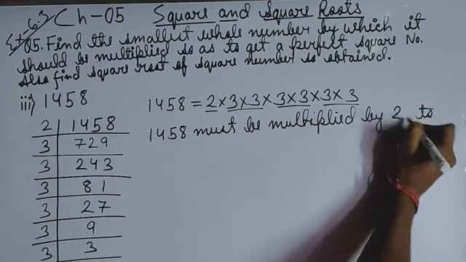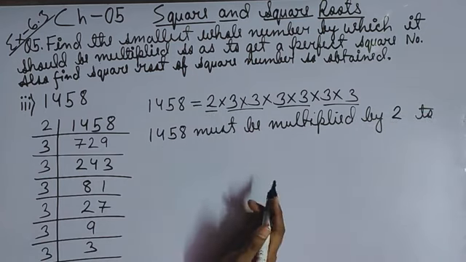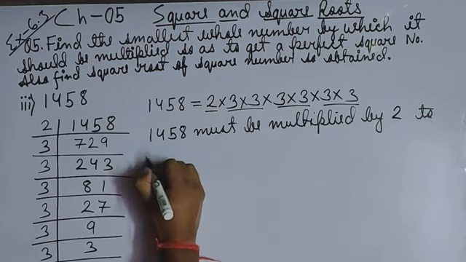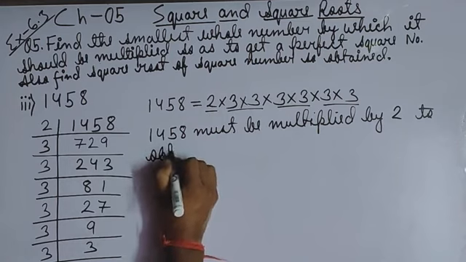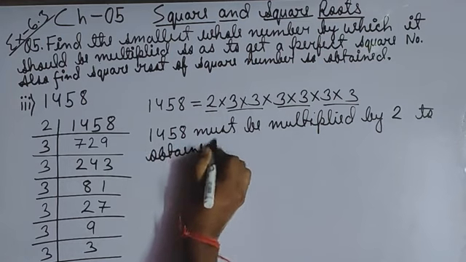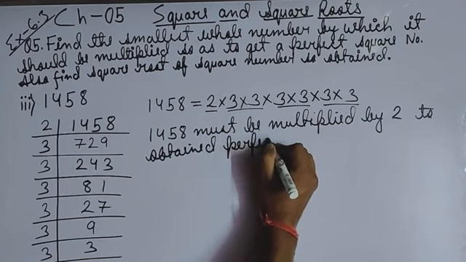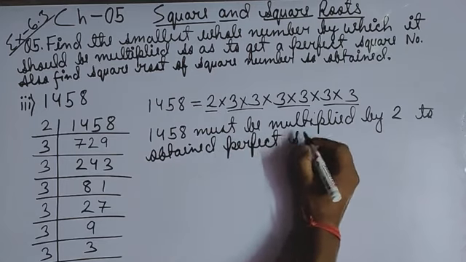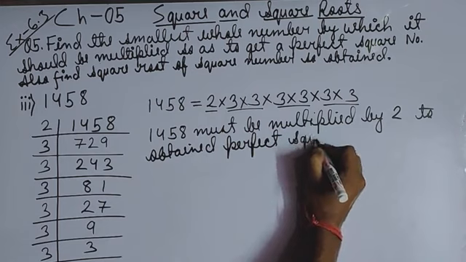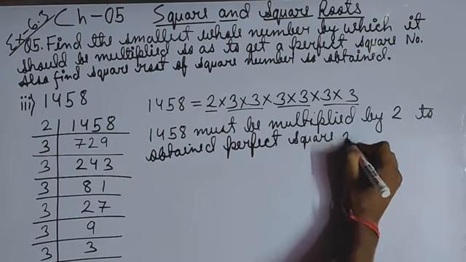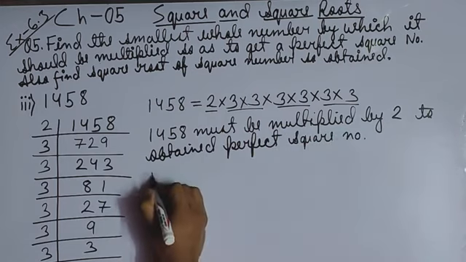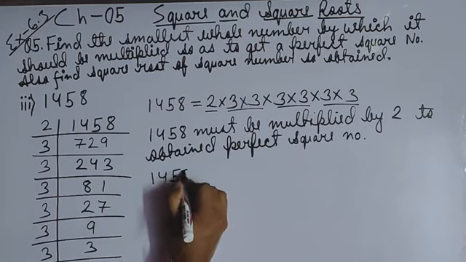It should be multiplied by 2 because 2 is the number which is not forming any pair. Must be multiplied to obtain perfect square number. So we were multiplying 1458 by 2.